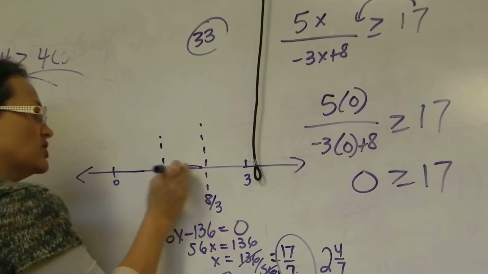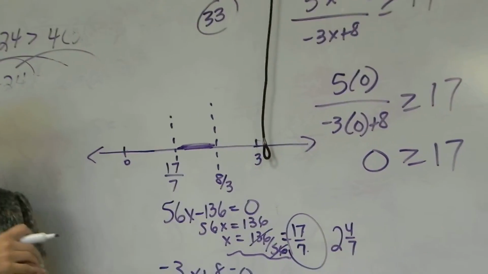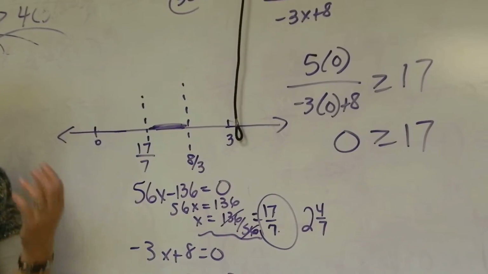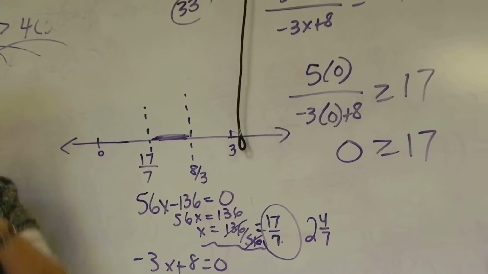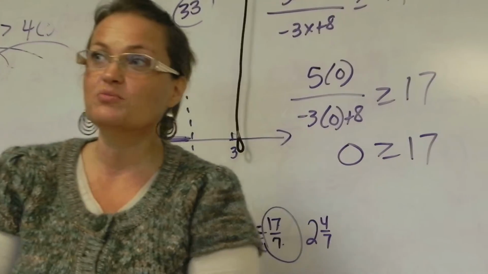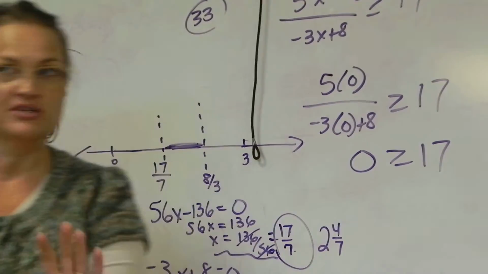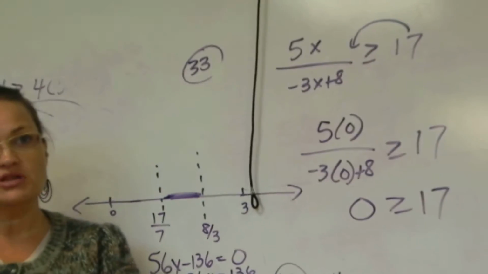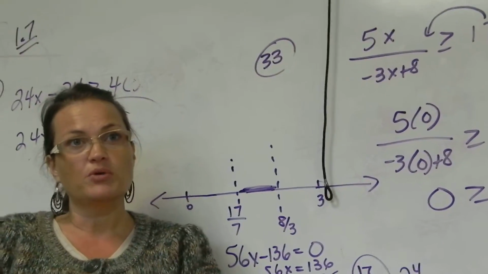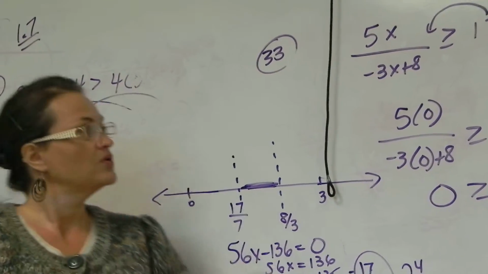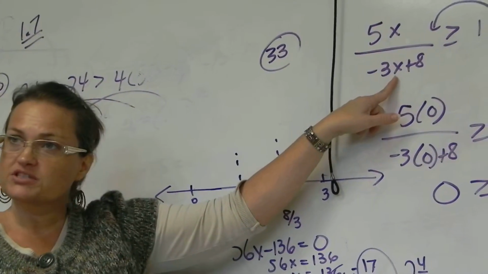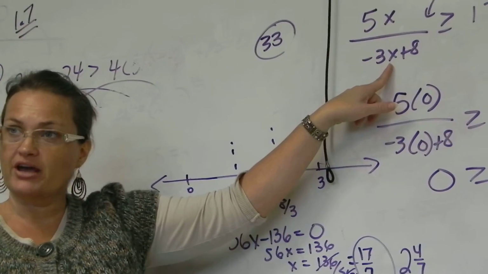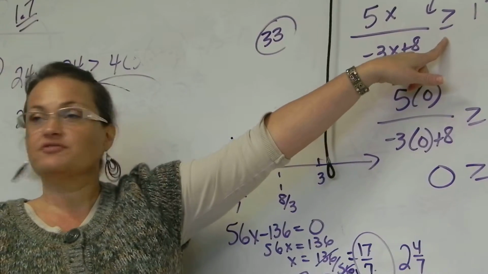All right, so what I want to talk to you about is once you do determine the region that works, whether to use parentheses or brackets, because you could have come through all of that battle and still miss it on this one little detail. There's a line under it, and I know I've told you lines mean to use brackets, but we had that one exception to the rule. Whatever makes the denominator equal 0, we have to put a parenthesis around it anyway, no matter if that's there or not.